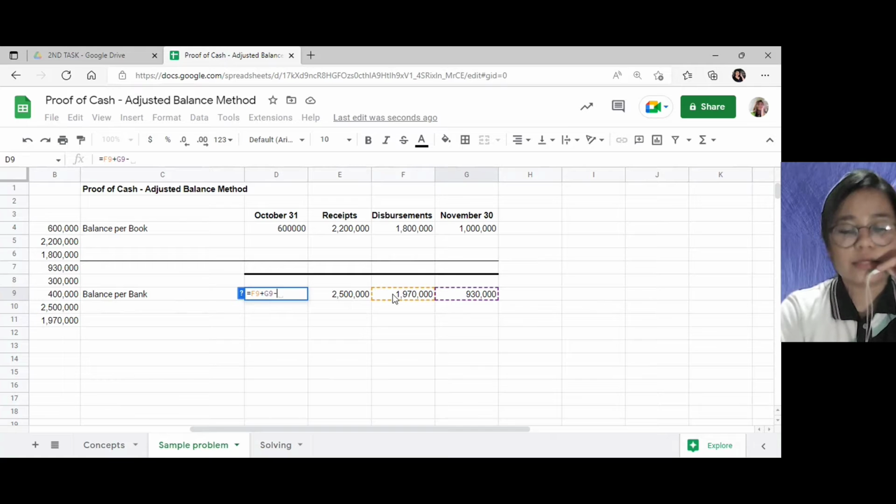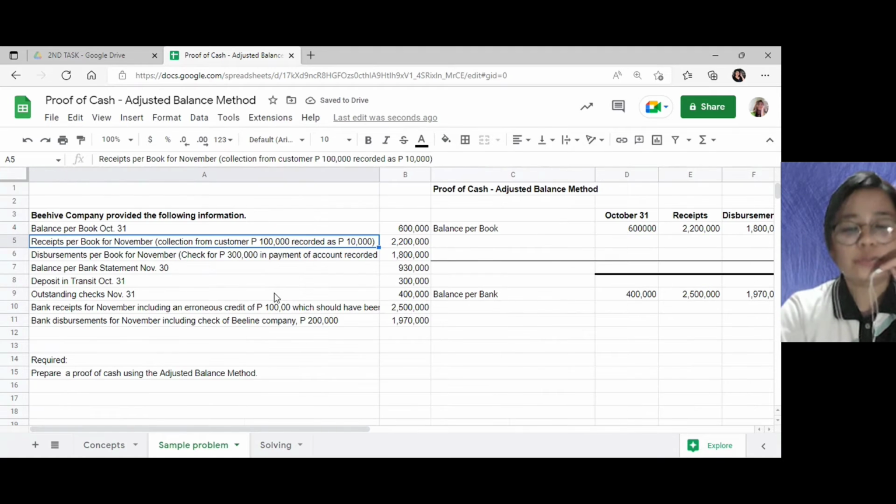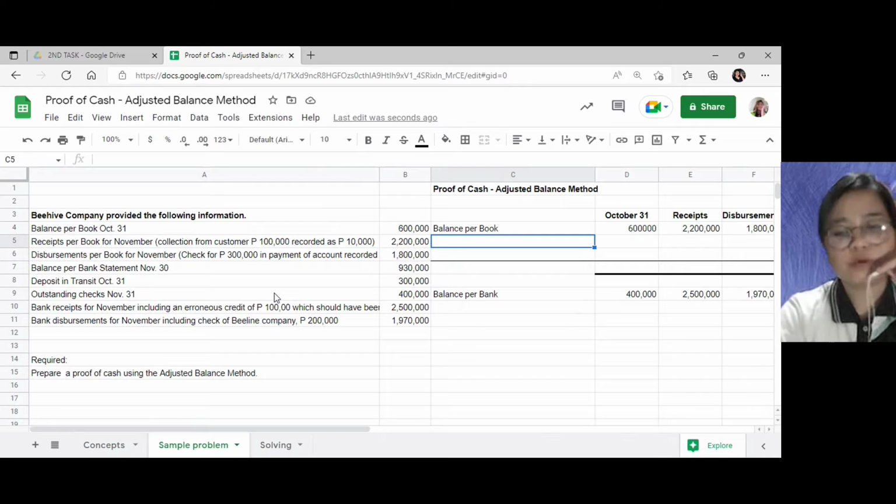Then let us deduct the receipts of 2,500,000, and you will get 400,000. You can always check if this is correct by performing the usual computation: October 31 balance plus your receipts minus your disbursements, and it should be 930,000. So it is correct.